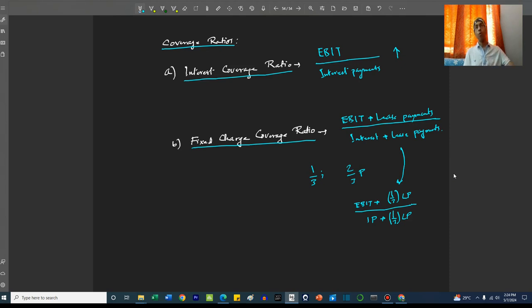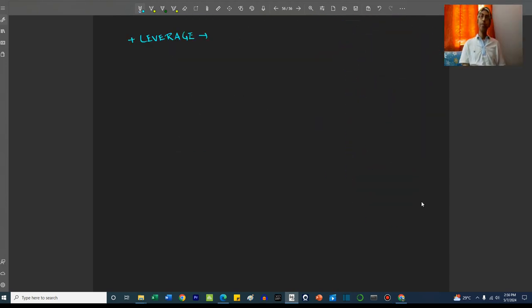Now, as we spoke about leverage, we will try to understand what leverage is and how many kinds of leverage there are. So friends, what is leverage? Leverage is basically the magnifying effect on the profitability number, which happens by the introduction of financial or non-financial fixed costs into the system.